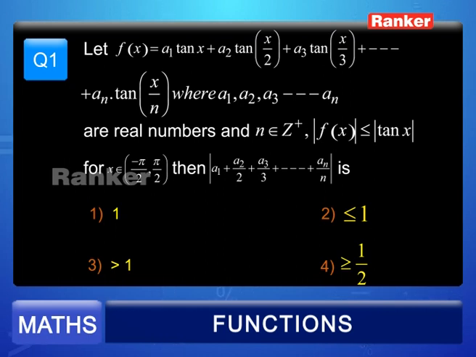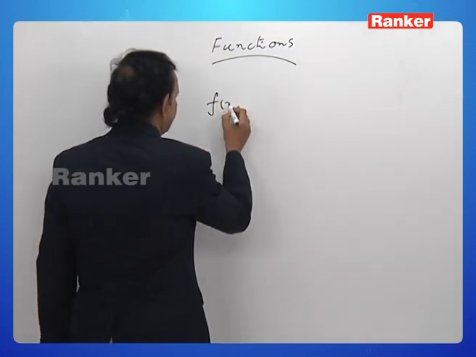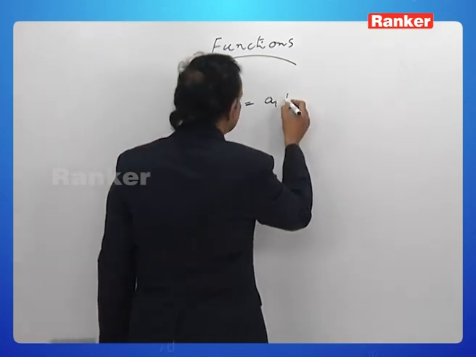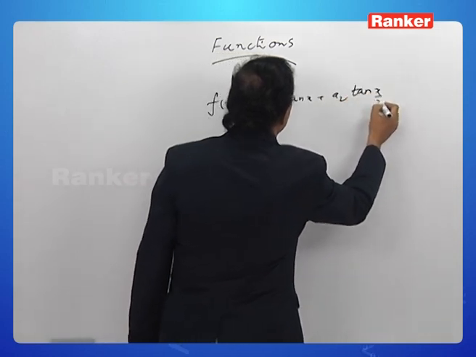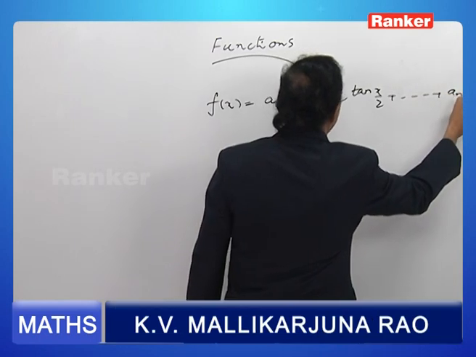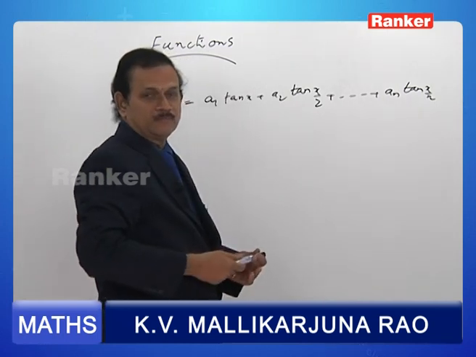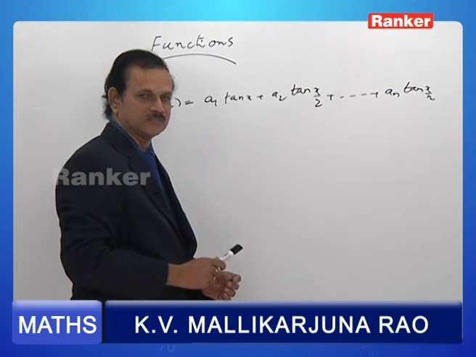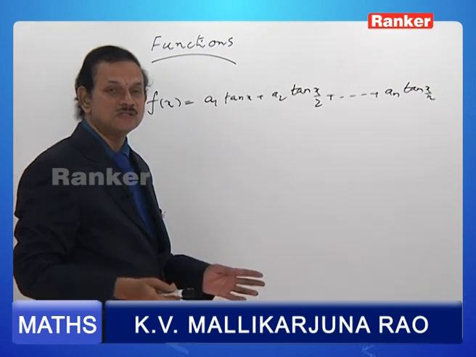We require |a1 + a2/2 + a3/3 + ... + an/n|. The data is f(x) = a1 tan x + a2 tan(x/2) + a3 tan(x/3) and so on, an tan(x/n), but the required is a1 + a2/2 + a3/3 + etc. You must be able to grasp that f'(0) is asked.